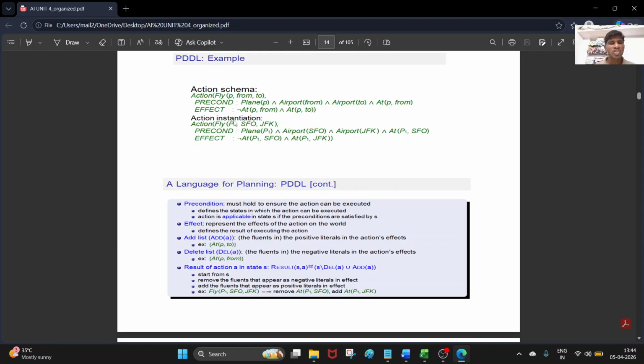Action instantiation means replacing the variables with examples: SFO, San Francisco, and another airport, JFK, John F. Kennedy Airport, represented as the source and the destination. As explained in the previous schema, you will also have the initial state. In the planning language PDDL, there are preconditions, effects, the add list and the delete list, and the result of an action is a new state. All this is represented in PDDL.